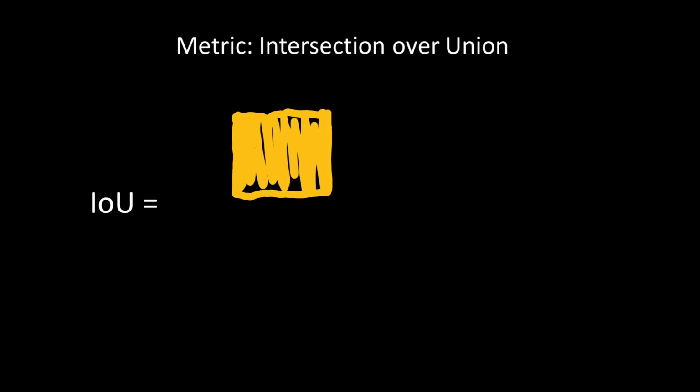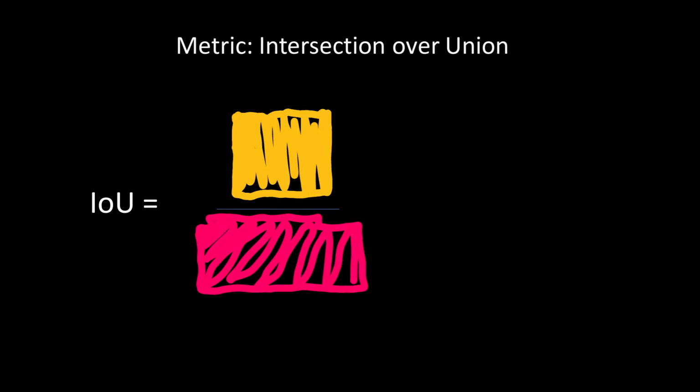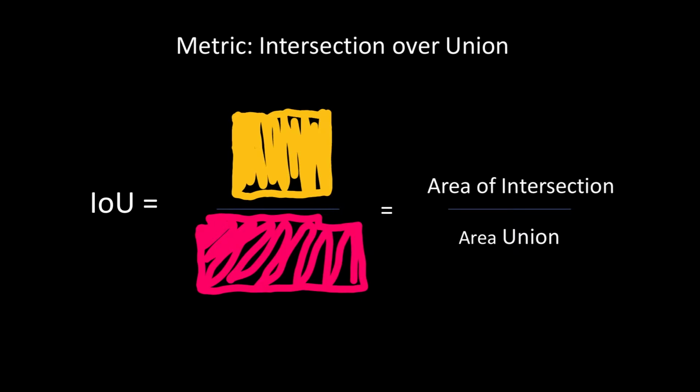The metric we're going to use is intersection over union, and it's pretty self-explanatory in a way. The IOU is equal to the intersection, which is the yellow area, divided by the union, which is the area of the pink region. More formally, it's the area of the intersection divided by the area of the union.